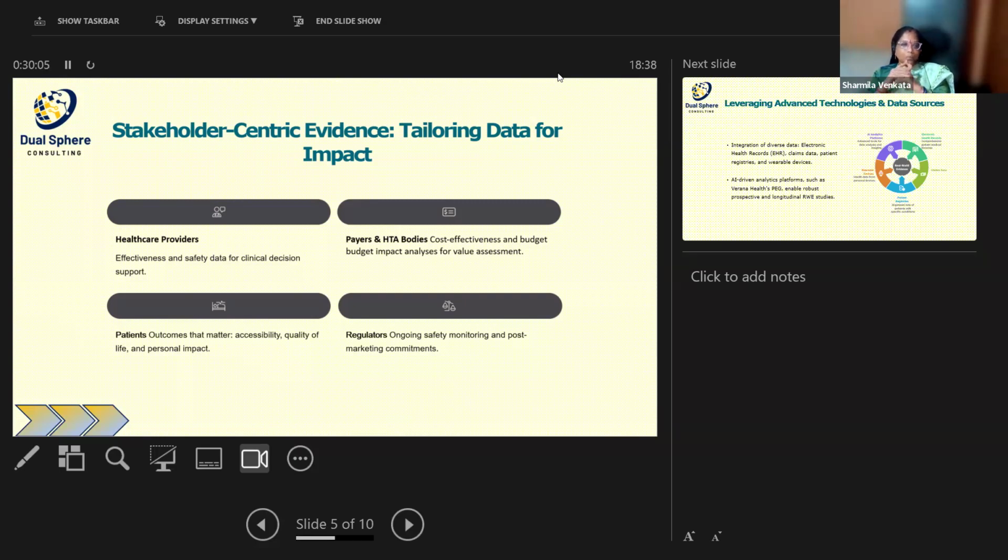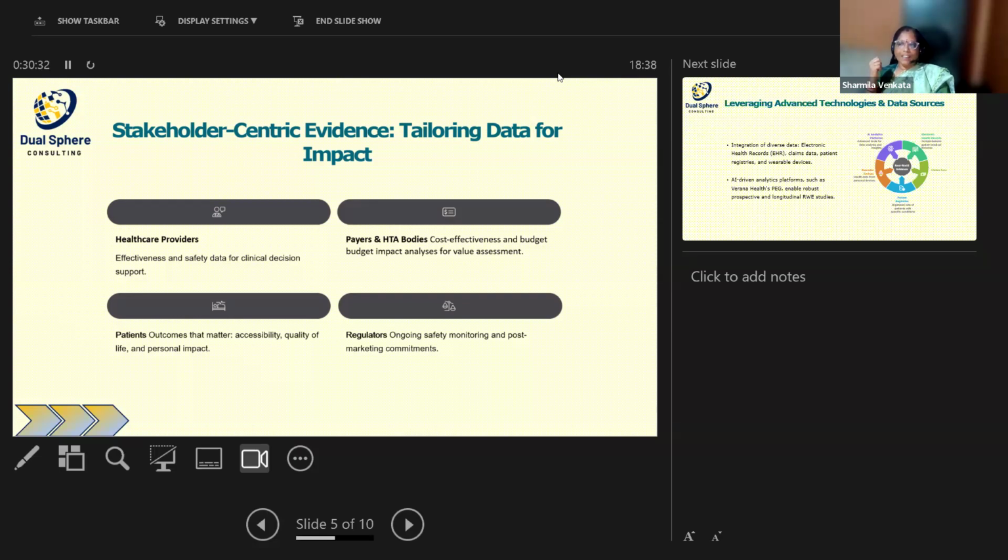When it comes to healthcare providers, who are they? Physicians, nurses, specialists. They want evidence that helps them make the best clinical decisions for their patients. Their priority is to know, is it safe? Is it effective? Will it work for my specific patient population?